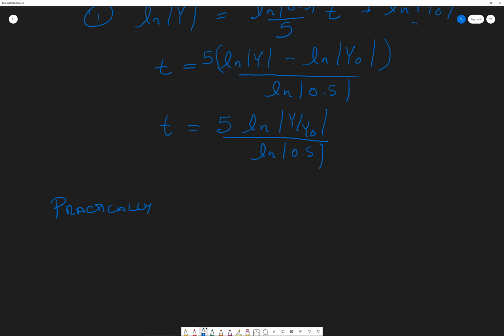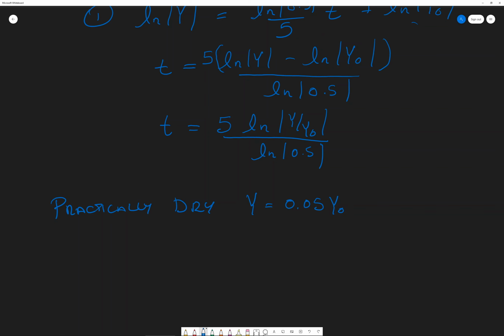Practically dry means that y is equal to 0.05 y naught. It only has 5% of its original moisture content. So we need to sub in y equals 0.05 y naught into this equation and then get t.